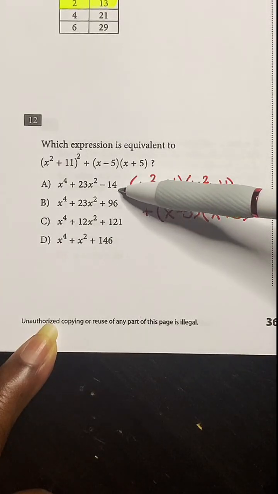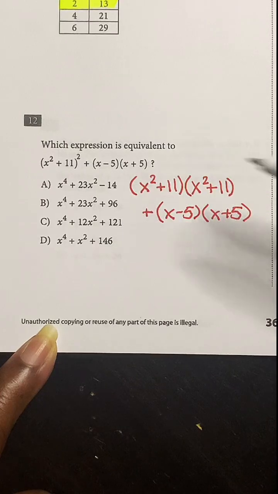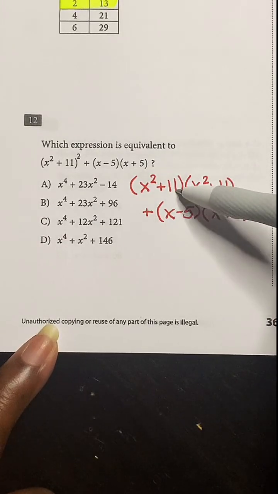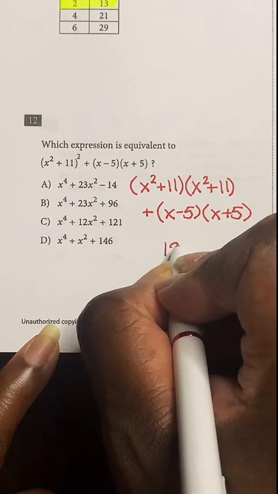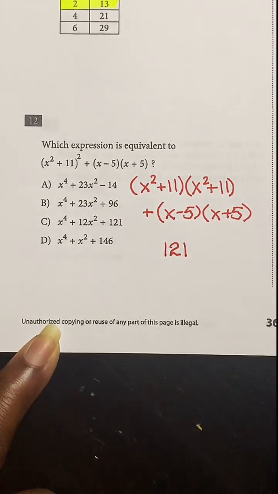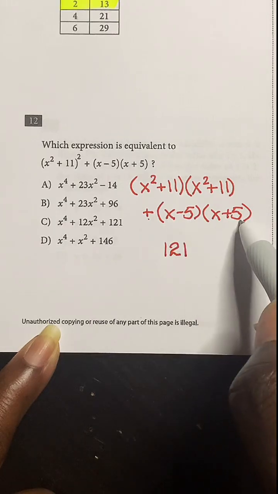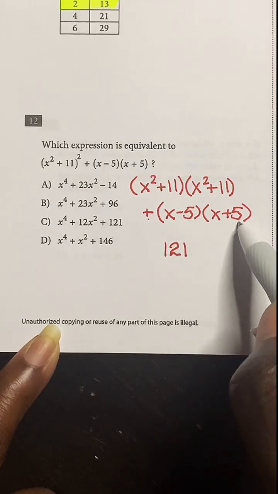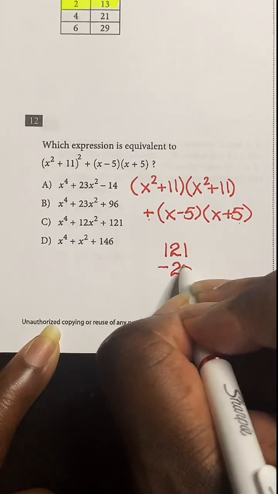But I noticed there is some variety with my constants. So I know if I have my constants, I have my 11 times 11, that will give me 121. But I need to add the constant that I'm going to get from here, which is my negative 5 and my positive 5. That gives me negative 25.